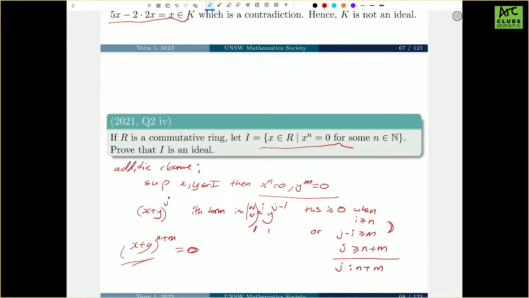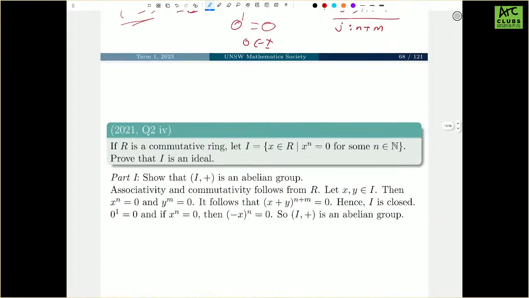We don't really care about it in this case. Every term in that expansion is going to be 0. So we get additive closure. Also note that I is non-empty just because 0 to the 1 equals 0. So it contains 0.